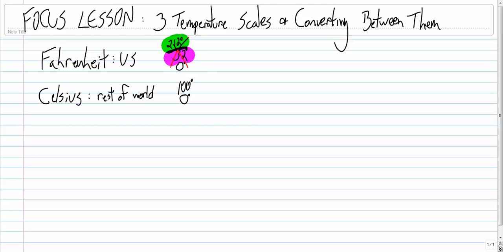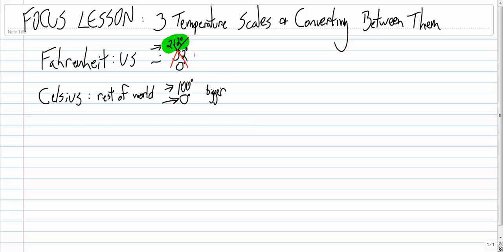Well, if you look at this commonsensically, water freezes here and there, and water boils here and there. In between these two is a space of 100 degrees, and in between these two is something like 180 degrees. So that means that Celsius degrees are bigger.